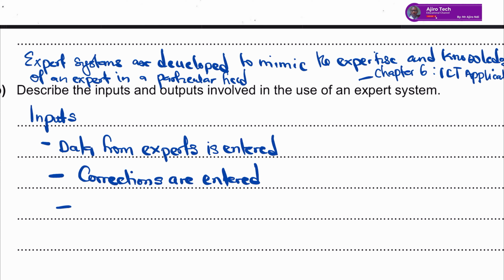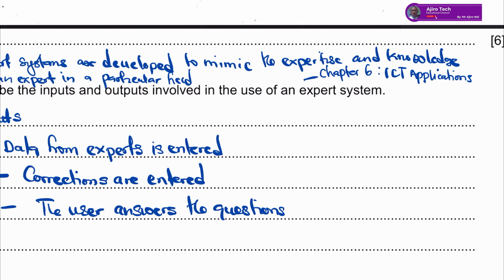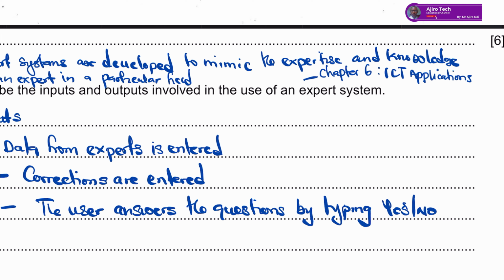So the user answers the questions by typing yes or no. So the questions being asked usually have a yes or no and are based on responses of the previous answer.